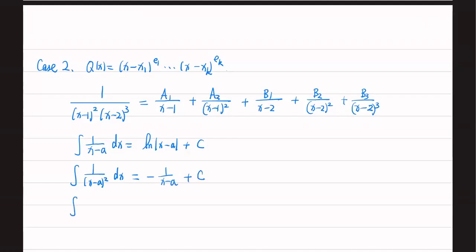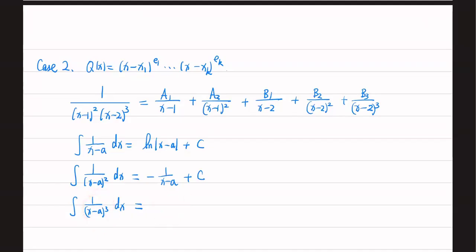Similarly, if we go to the higher power, maybe Sakina, we integrate 1 over this cube. So we need something whose derivative is this.